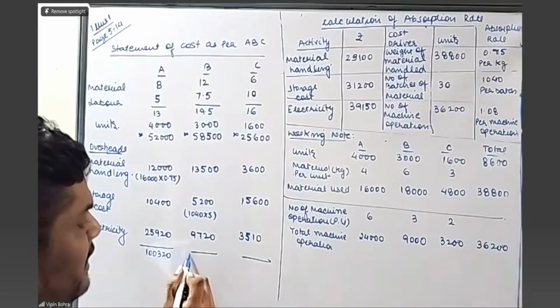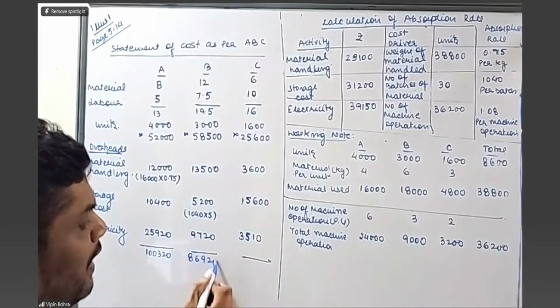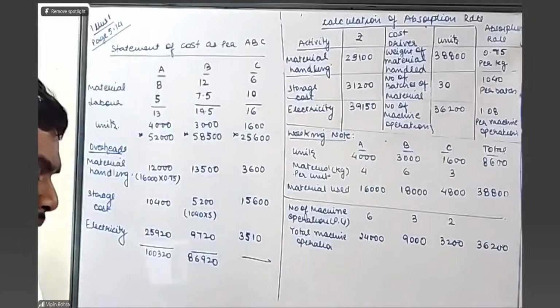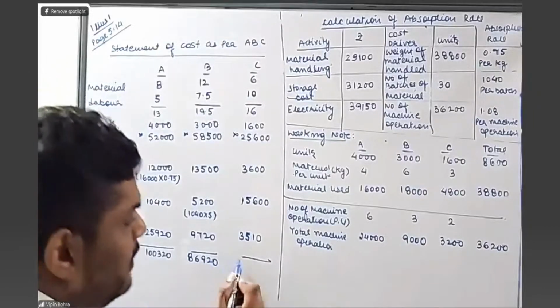This will be 86,920. Similarly, third part, 25,600, 3,600, 15,600 and 3,510. So this will be 48.